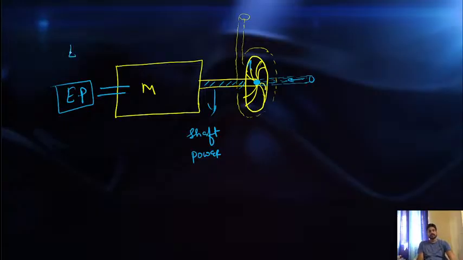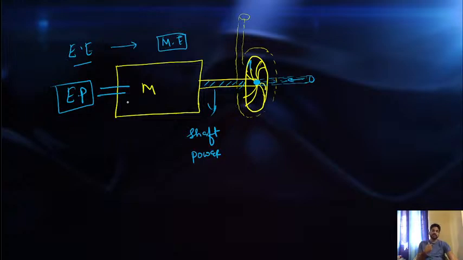This is my electrical energy. This electrical energy is converted into mechanical energy. That mechanical energy basically rotates this shaft. Can you say that 100% of the electrical energy is converted into 100% shaft power?